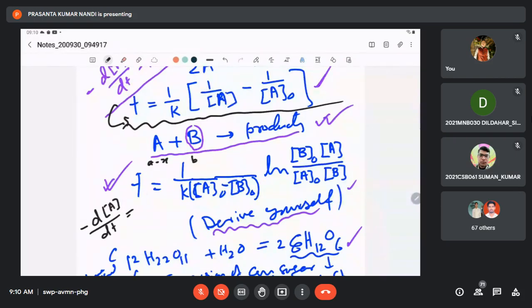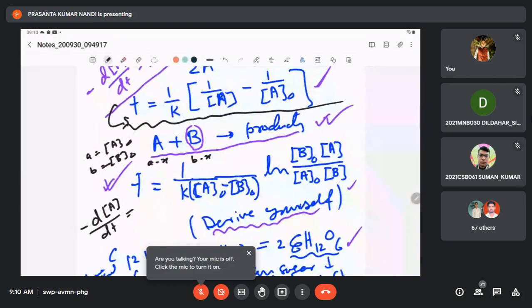The initial concentration of B is, say, B minus x, that you are familiar with. Actually here A is equal to A0 in my rate equation, and B is the initial concentration of reactant B, like that you have denoted here.